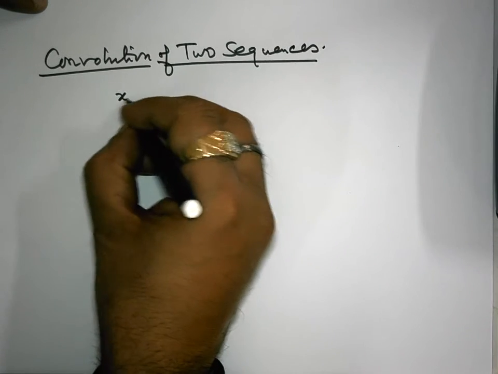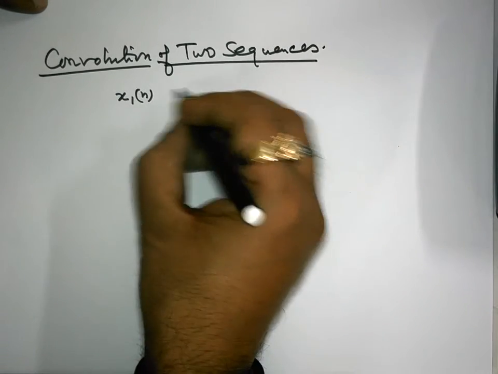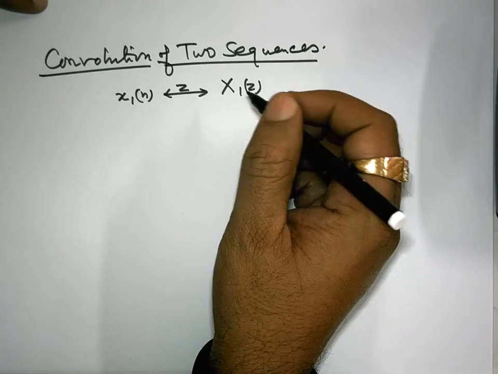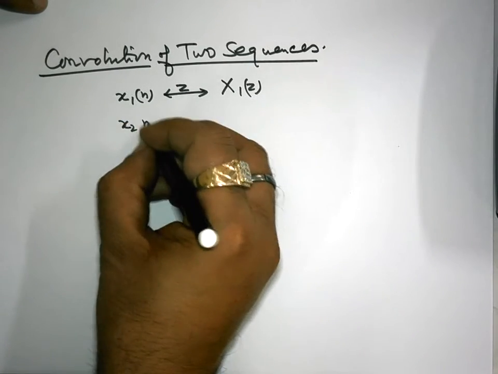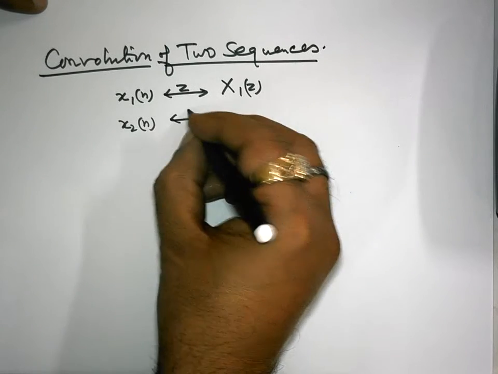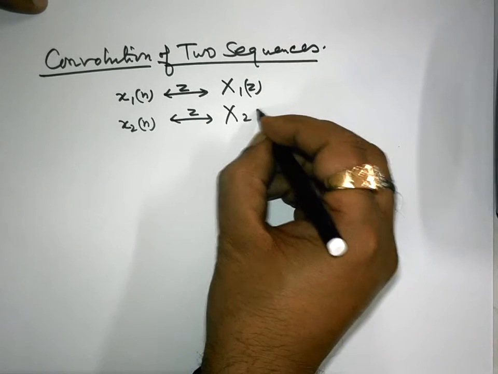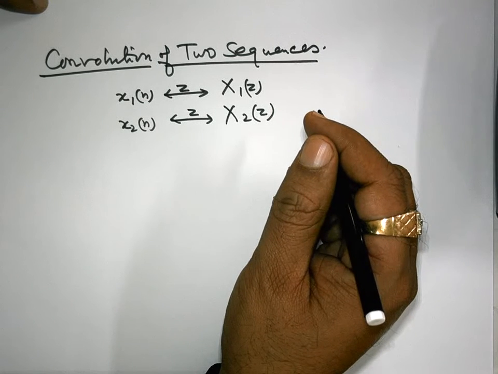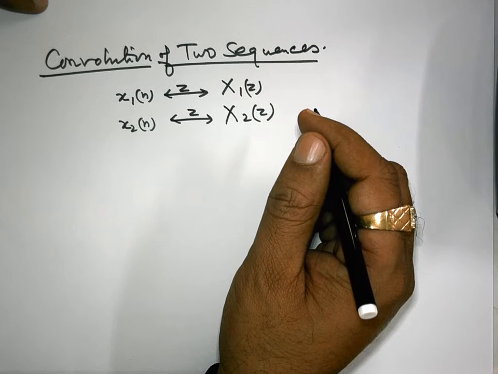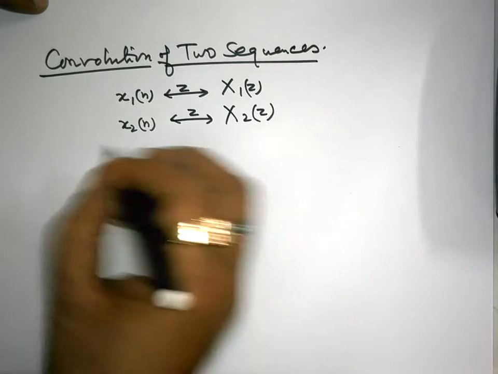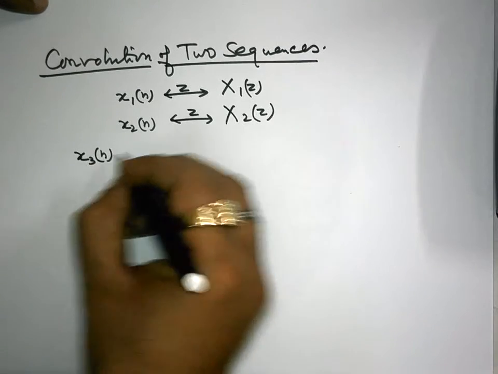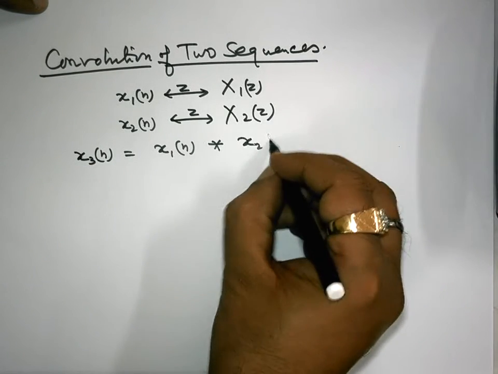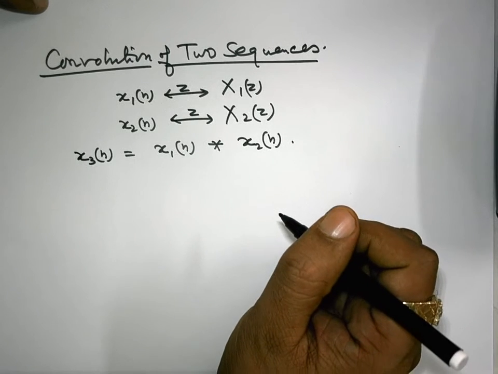Suppose we have a sequence x1[n] whose Z transform is X1(z), and we have another sequence x2[n] whose Z transform is X2(z). Now suppose we form a third sequence which is the result of the convolution of these two sequences, x3[n] equal to x1[n] convolved with x2[n].